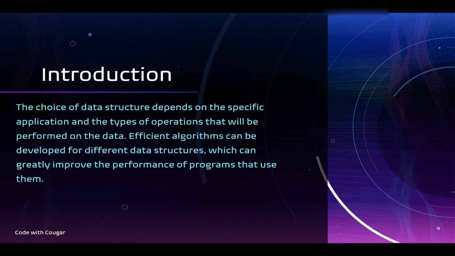But in a scenario where we want to insert or delete data very frequently, in that case, an array might not be a good choice. We can use a linked list instead. Also, efficient algorithms can be developed for different data structures, which can greatly improve the performance of the programs that use them.